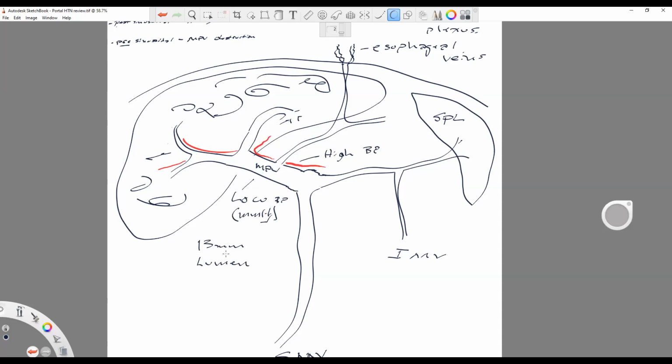Once you get to 13, 14 millimeters, you start to wonder what's going on. Anything beyond that, then certainly we're probably going to call it portal hypertension. Let's just get rid of some of this stuff. It's going to get messy real fast.